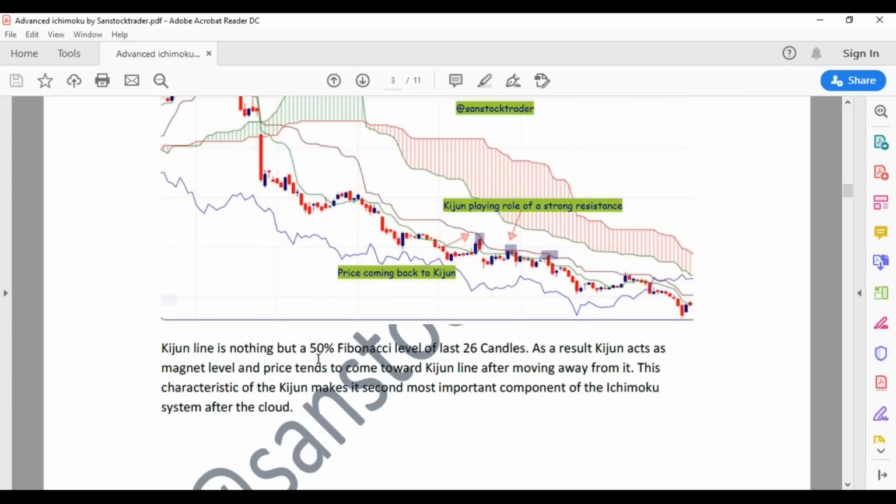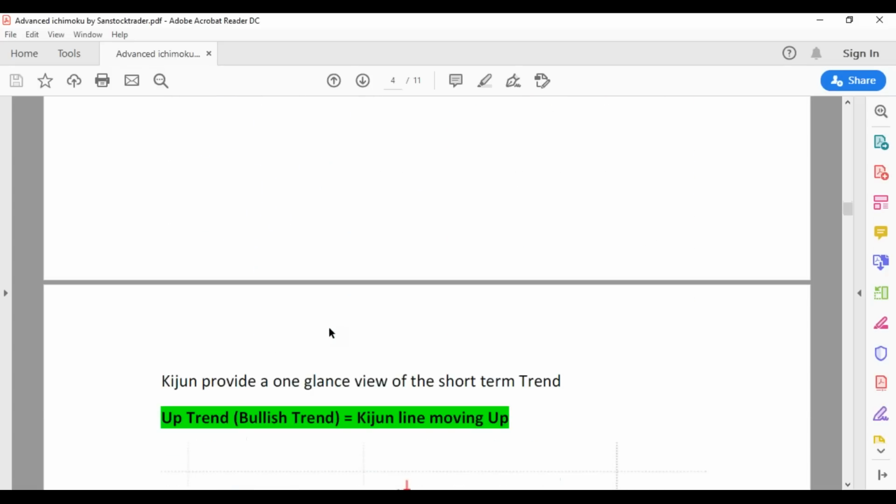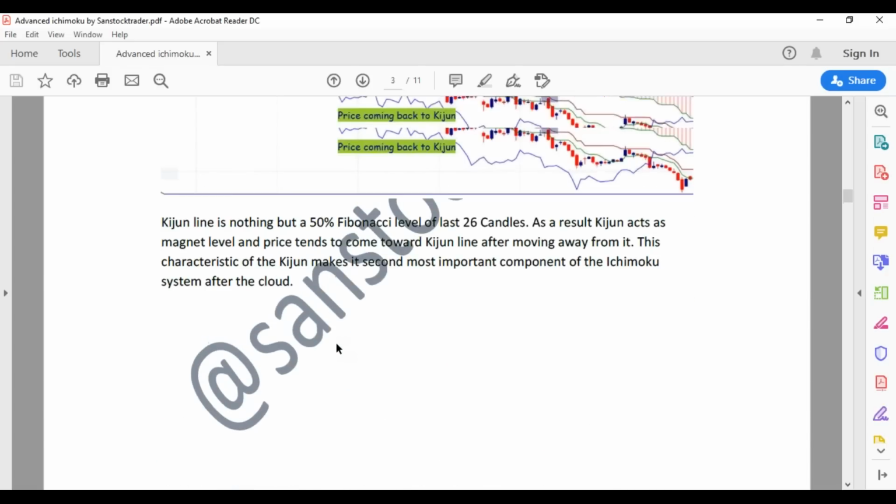When anything is really working good, it's not necessary to make changes in it. So believe me, this default setting of 26 period is working very nicely. No need to change it to 20 period. And this is the second most important component of the Ichimoku system after the cloud.